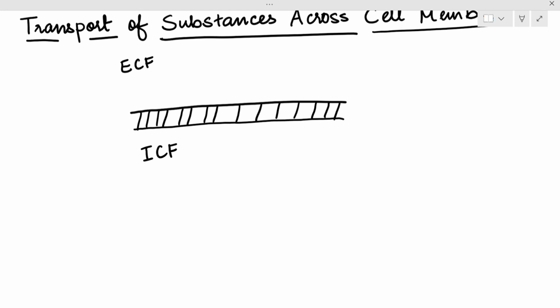Now in the outside compartment we all know there are some molecules, for example sodium, calcium. Now how will these substances enter into the intracellular compartment? There are two criteria.